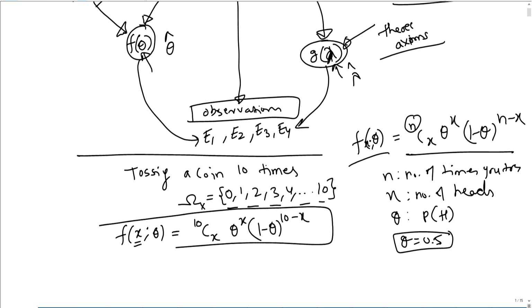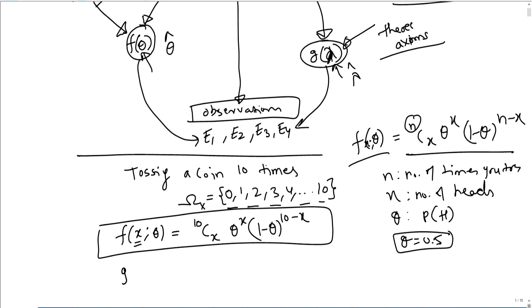So, this is the first probability assigner function, or the one kind of assumption you can make, that the number of heads are coming from this underlying generative process. Okay. But you can make another assumption as well.